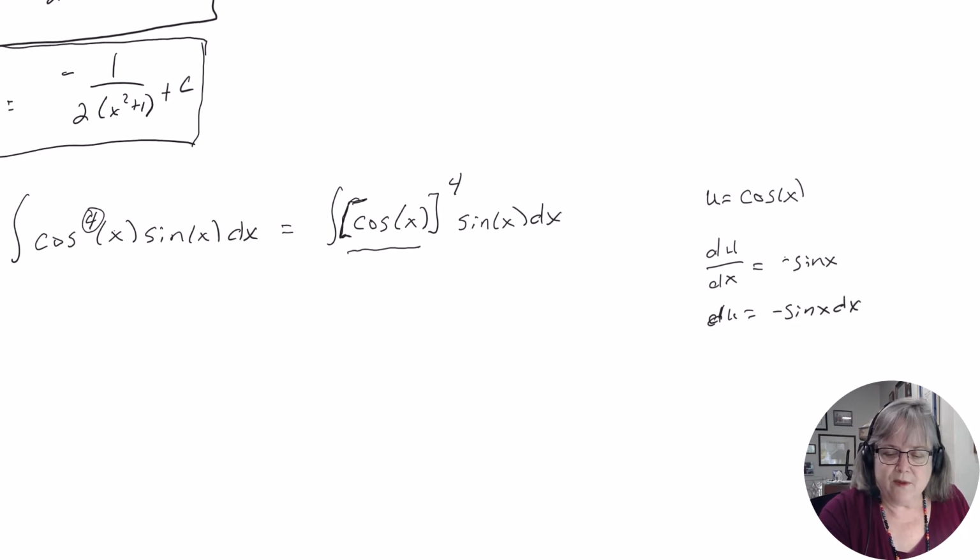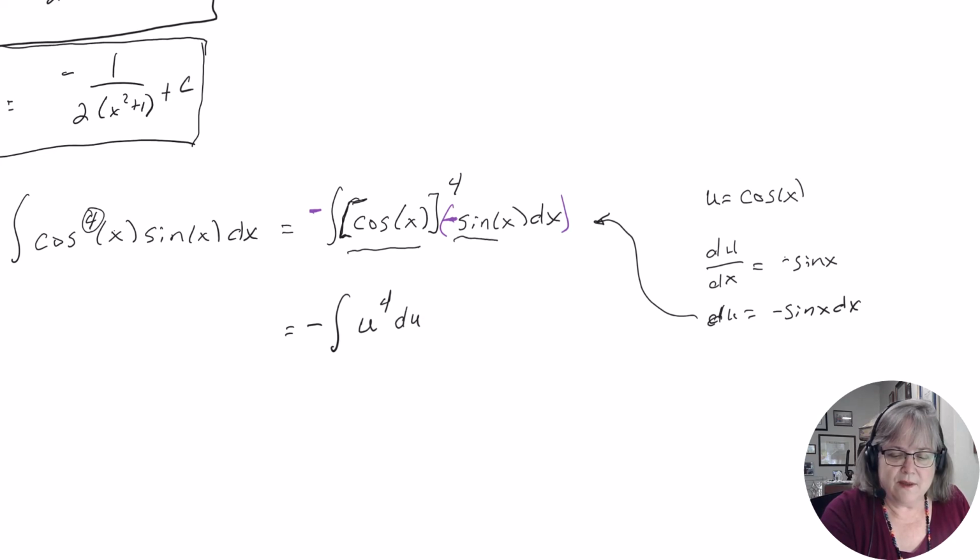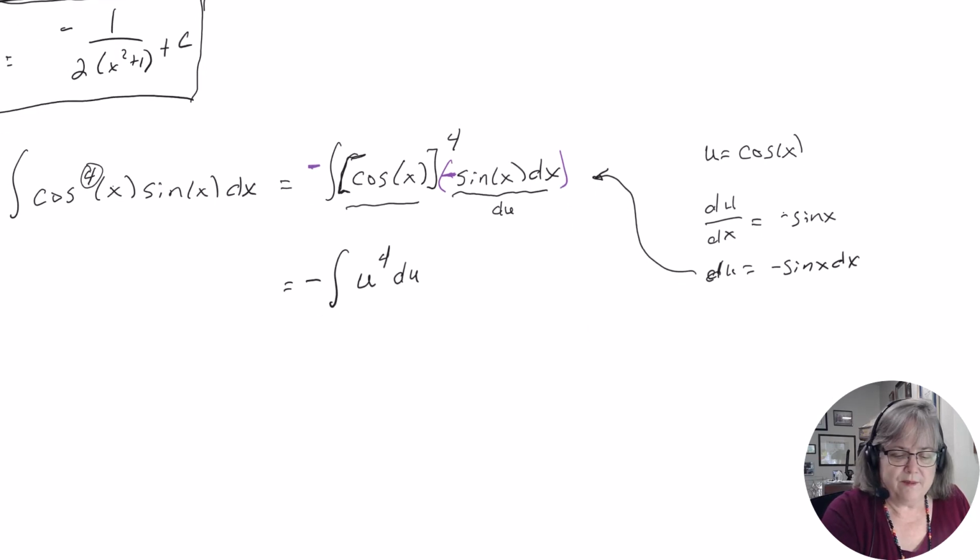All right, so I am looking for that up in here. So I go back up in there and go, well, all I'm missing is a negative, right? So all I need to do is to have a negative in here, right there, and then undo it out there. So this is going to be the negative of, and remember cosine x is your u, so this would be u to the 4th du, because all of that was in du.